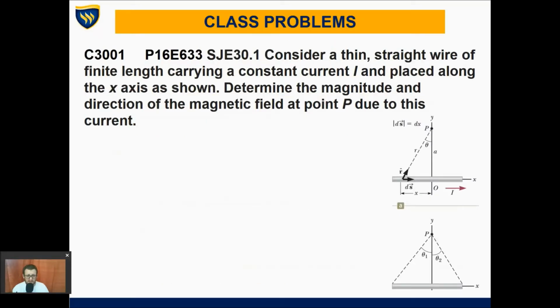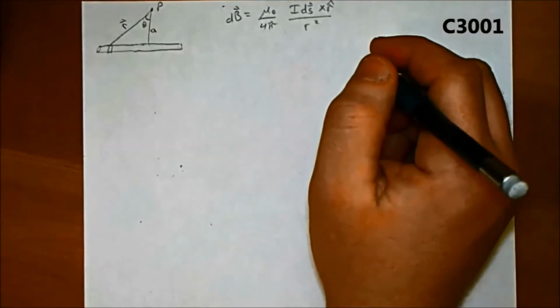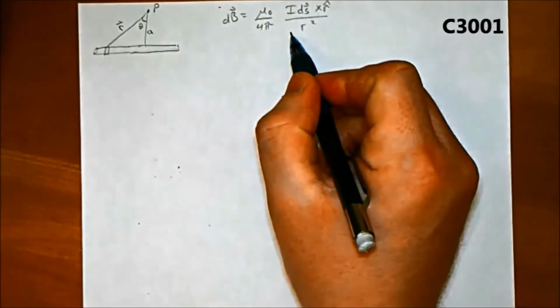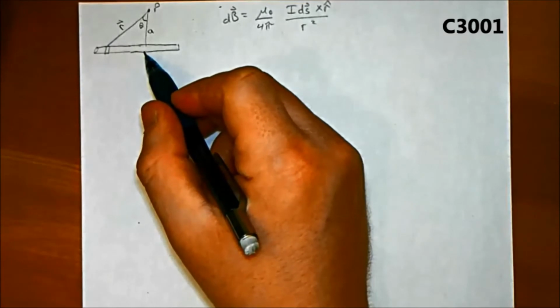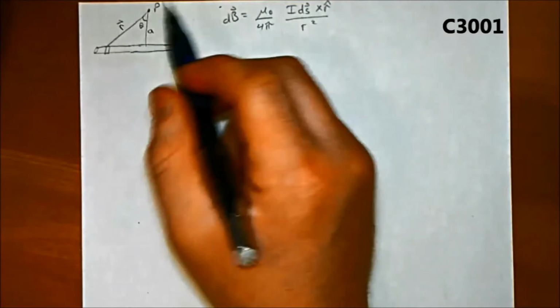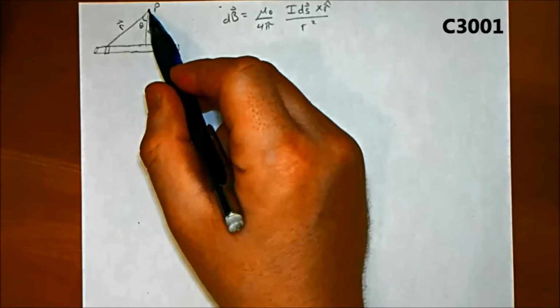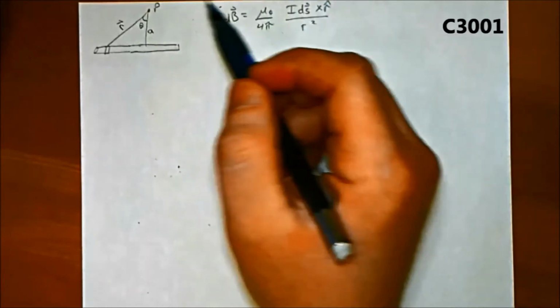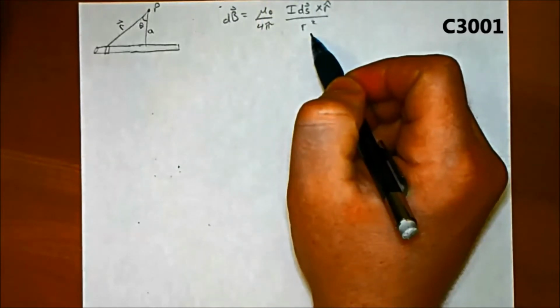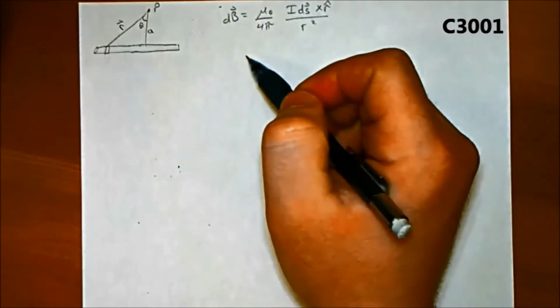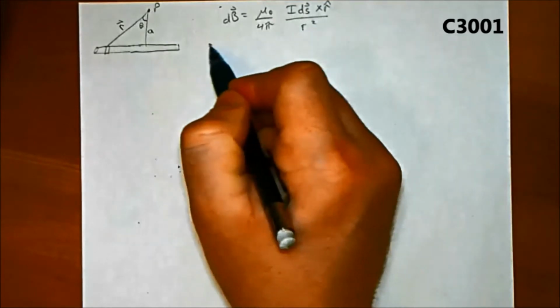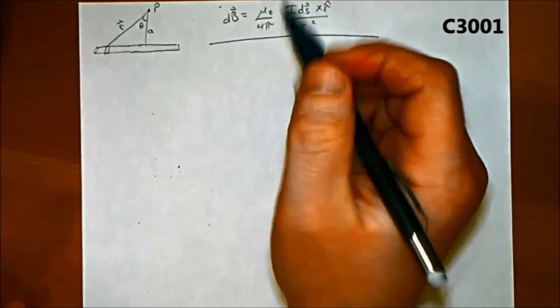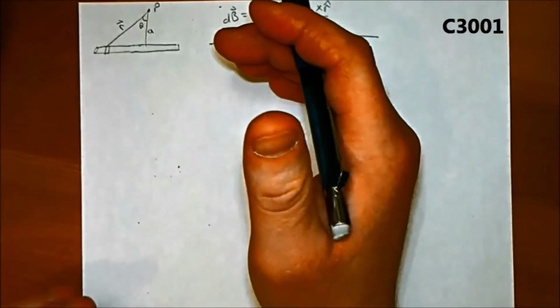So let us look at a problem. This problem asks us to apply Biot-Savart's law here to a simple situation of a current carrying wire in order to find the magnetic field at some point a distance a away, and we call that point P. So we first start with Biot-Savart's law, and we're going to break down this expression little by little so we can fit everything in terms of one variable that we can integrate.